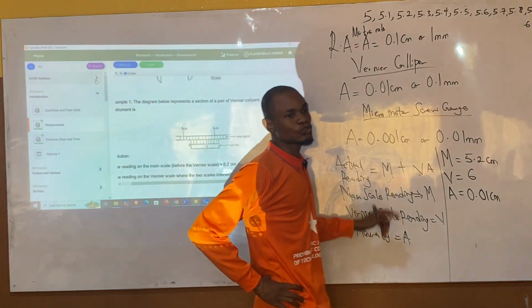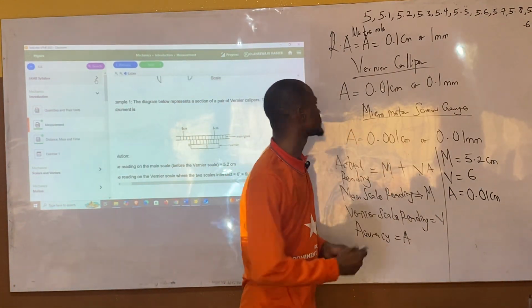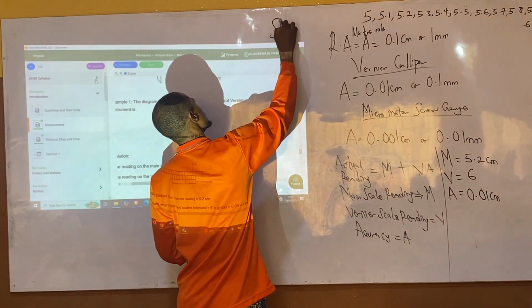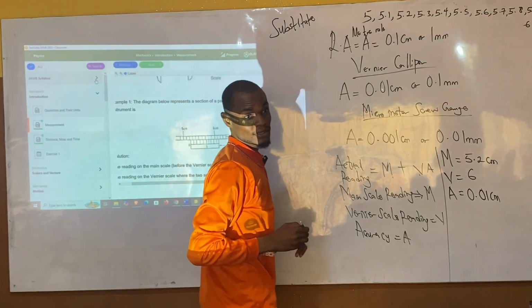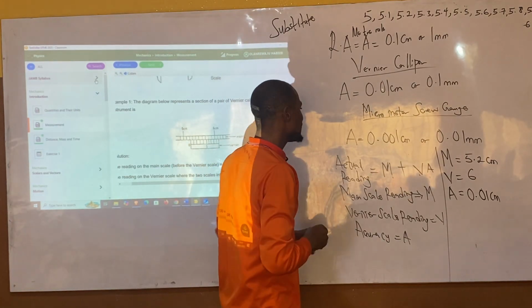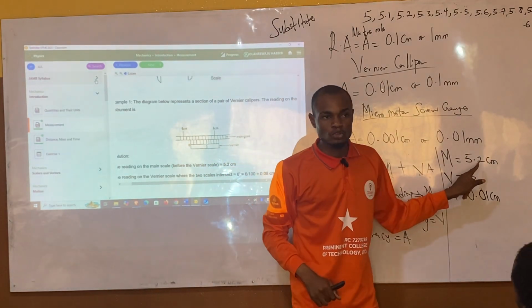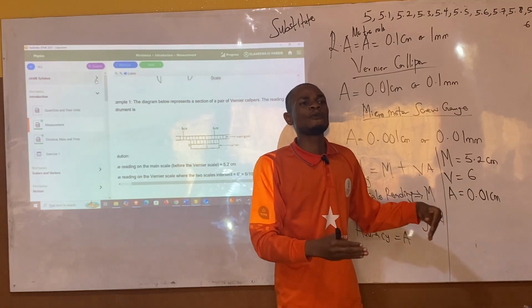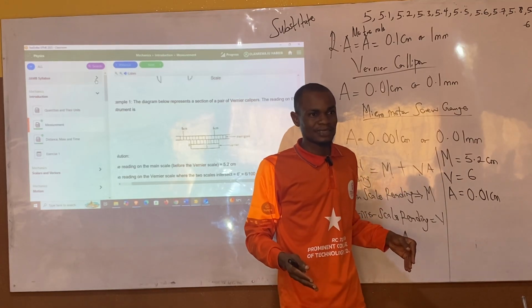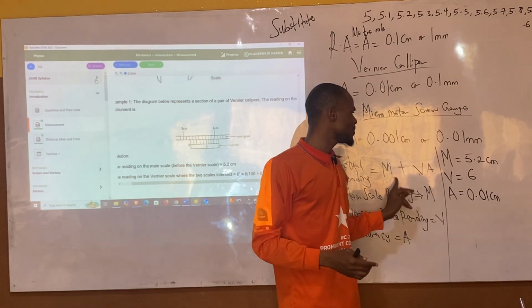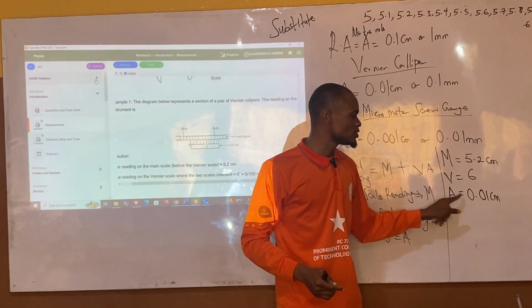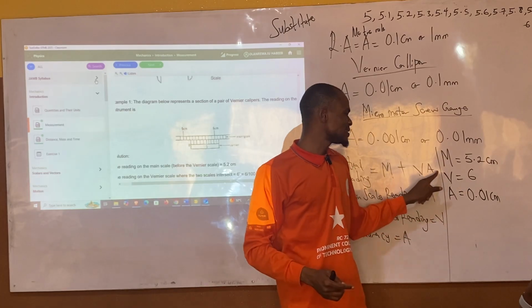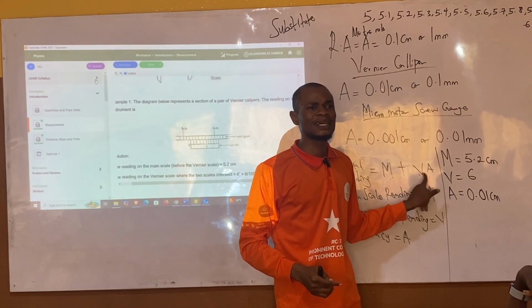M value, you are going to substitute. Say substitute. Wherever you see M here, you are going to put. Another word for substitute is replace. You are going to replace it with 5.2. Wherever you see V, you replace with what? 6. Wherever you see A, you replace with 0.01. What is the mathematical relationship between V and A here?